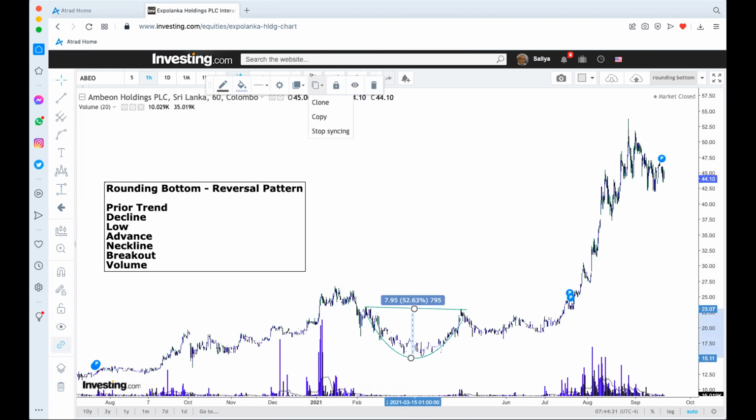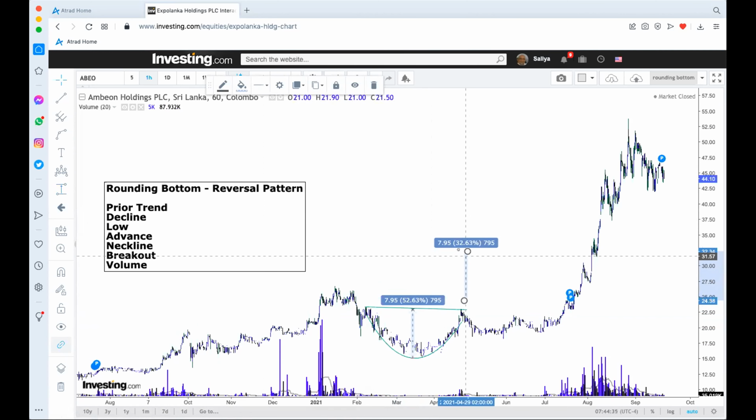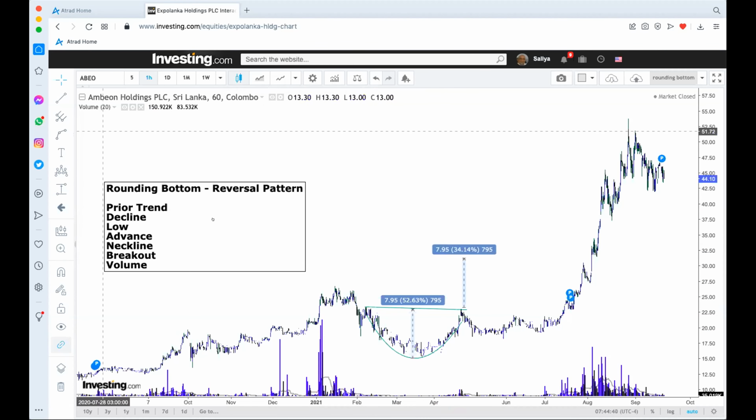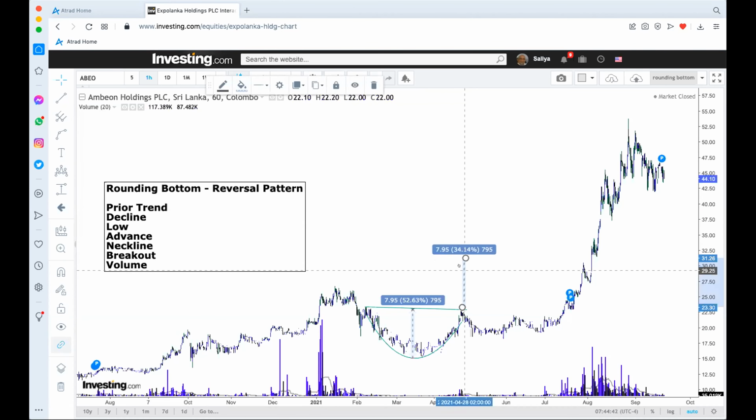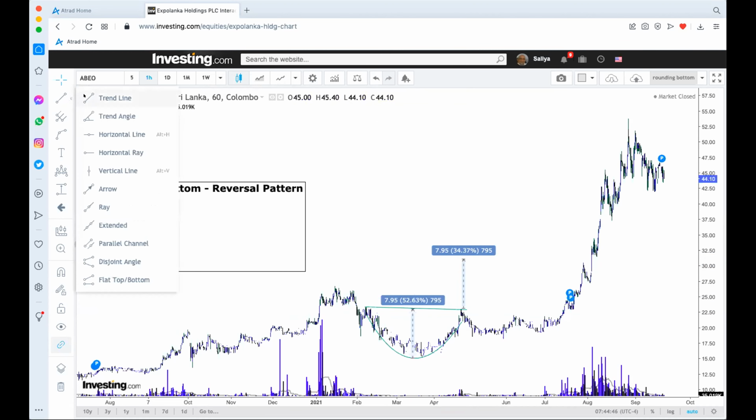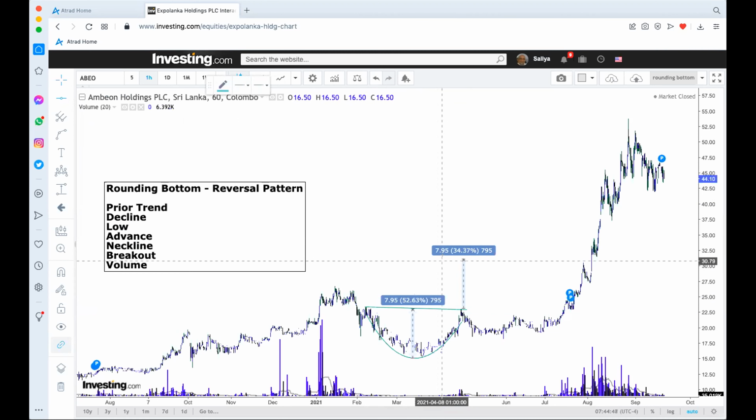Then we clone it. After the breakout, it can achieve a target area up to this level, right?